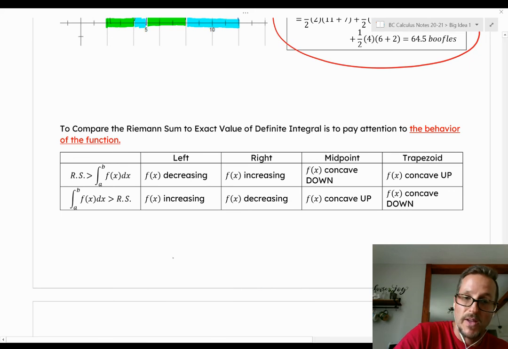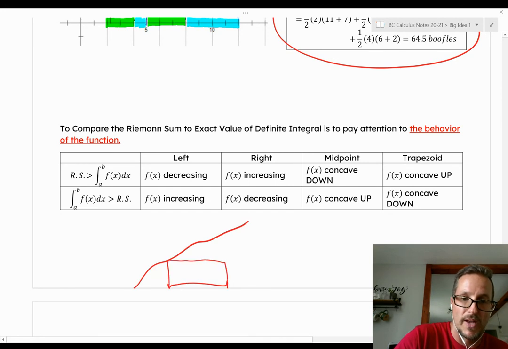On the other hand, if the function is increasing on the same subinterval, if I use the left side, now that rectangle that I draw is too small.